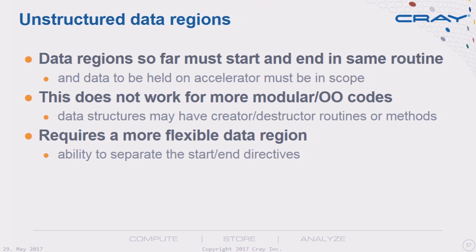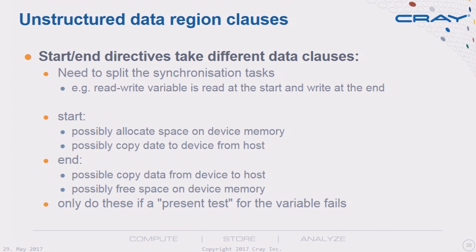That's what we can do with the so-called unstructured data regions. There we can separate the beginning and the end of the data region in different parts of our code, so in different functions also.